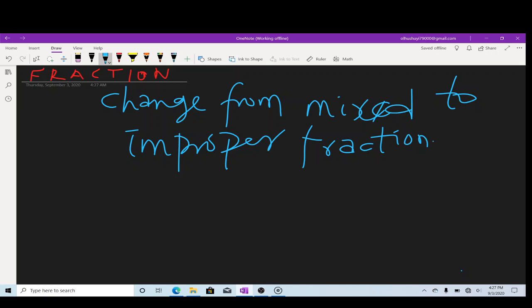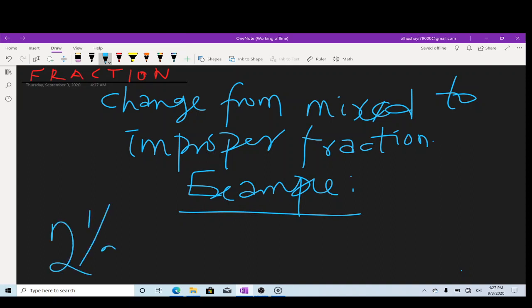So what do you have? You have an example, something like this: 2 whole number 1 upon 3. This is, of course, a mixed fraction. How do you change it back to improper fraction?